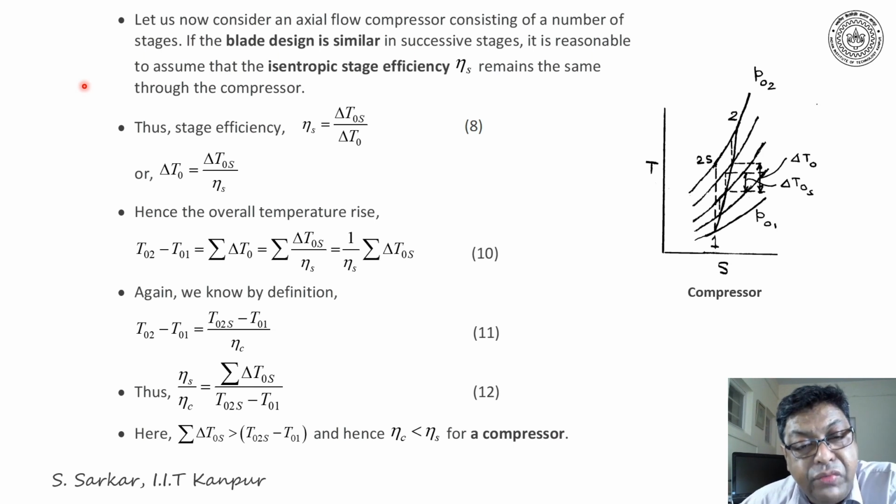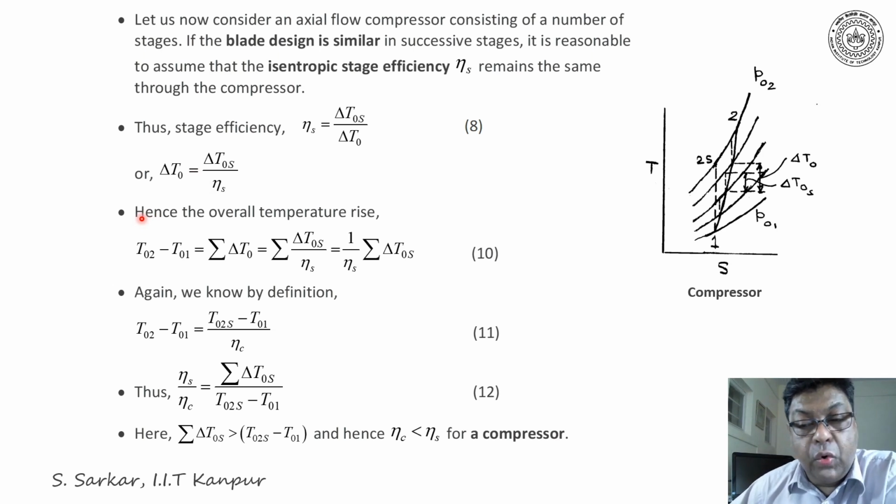Thus, I can now define the stage isentropic efficiency eta S as the ratio of del T0S by del T0, where del T0 is equal to del T0S by eta S, del T0 being the actual temperature rise of a stage, where del T0S is the corresponding isentropic temperature rise, and eta S is the stage efficiency.